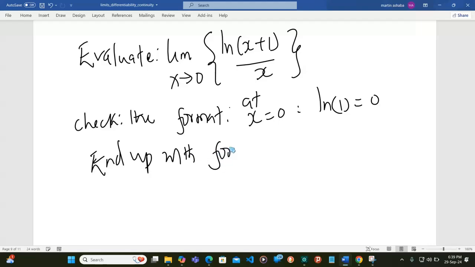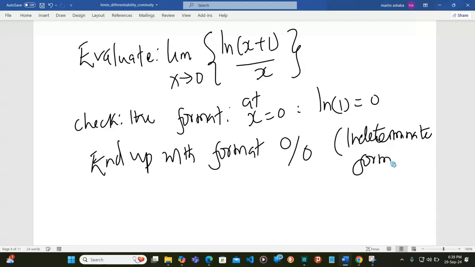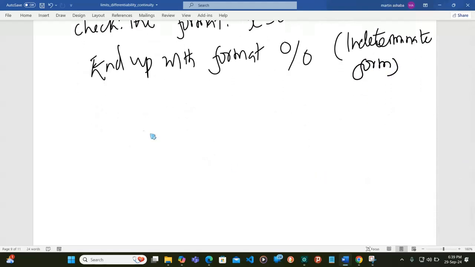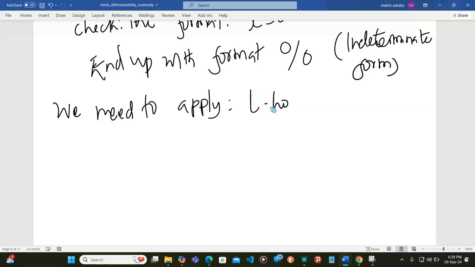So we end up with the format of 0 out of 0, which is an indeterminate form. So from there, that means we need to apply L'Hopital's rule.